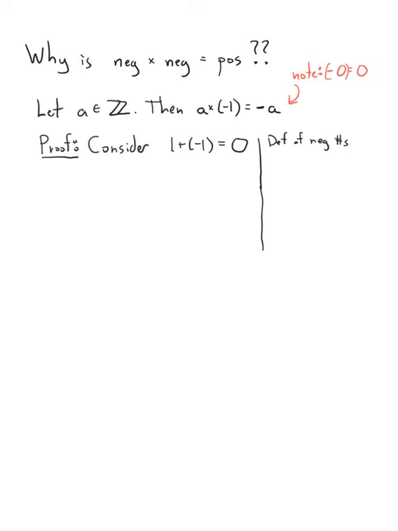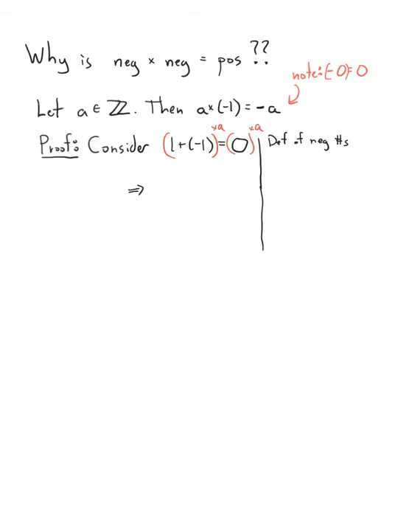So that's why we know this is true. Okay. So what I'm going to do, because the idea is I'm going to want to get this a times -1 expression appearing somewhere, I'm going to multiply both sides by a. So if I multiply both sides by a, what do I get on the left-hand side here?